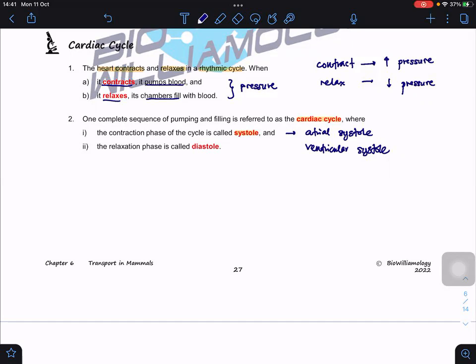So you follow atrial systole, ventricular systole, and then the relaxation phase, which is termed diastole. So systole is contraction: atrial systole, then ventricular systole, and then followed by relaxation.